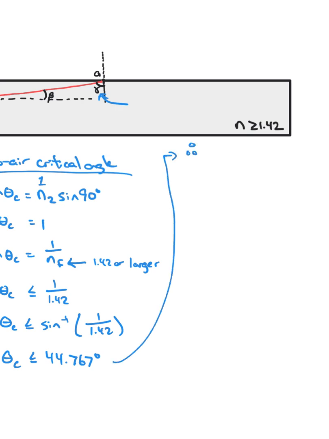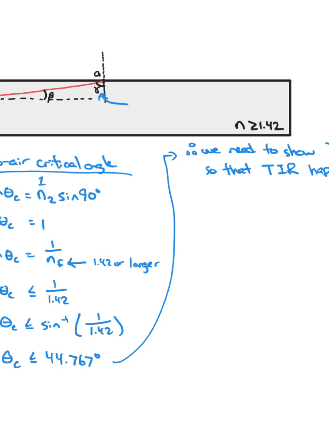So I'll say that we need to show gamma is greater than or equal to this value, so that total internal reflection, TIR, happens. Okay, so let's try to find gamma.